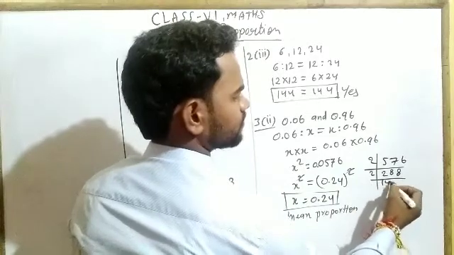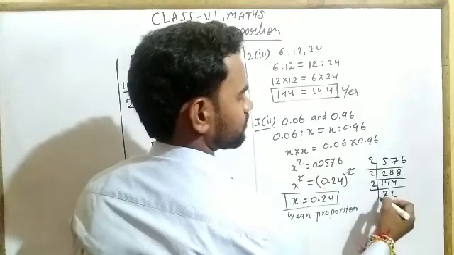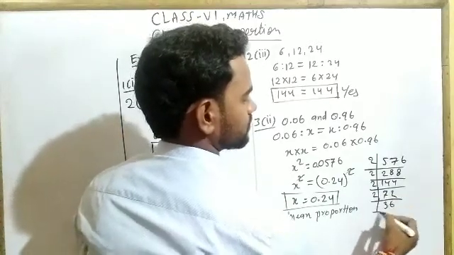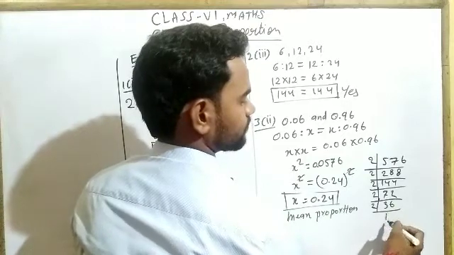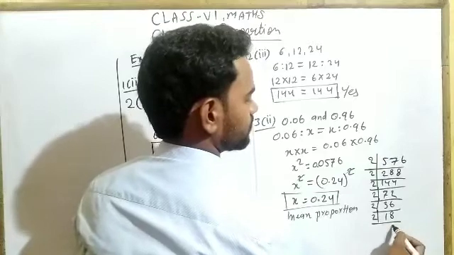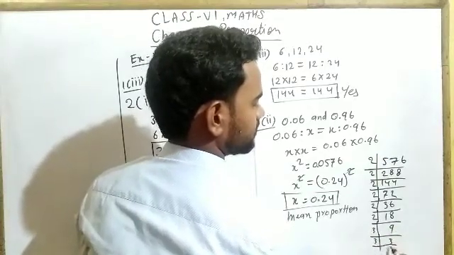Divide by 2 again, then by 2 again, then by 2 again, then by 2 again, then 9 by 3, then 3 divided by 3 gives 1.